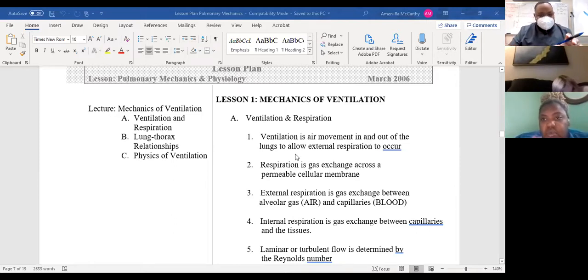COPDers have a high compliance. Okay? Because as we go on, we're going to learn, well, if COPDers have a high compliance, and high compliance means a high FRC, then that means COPDers will have a high FRC.